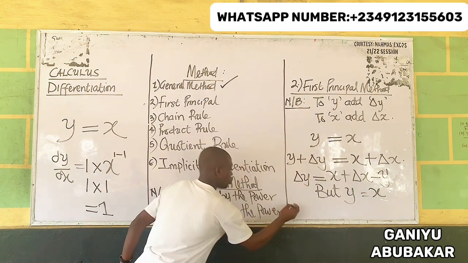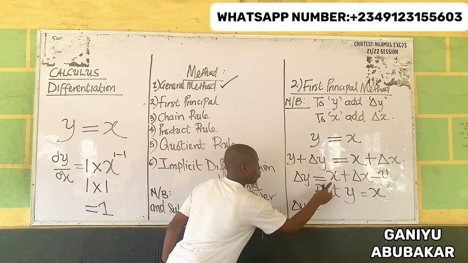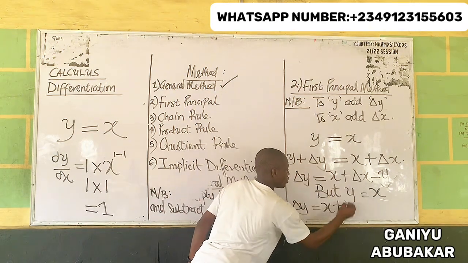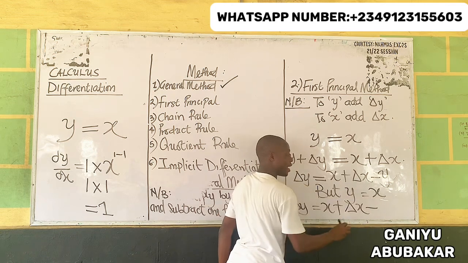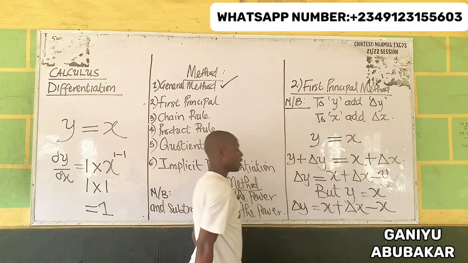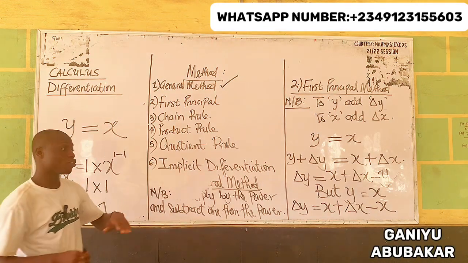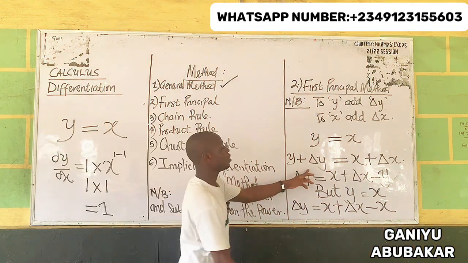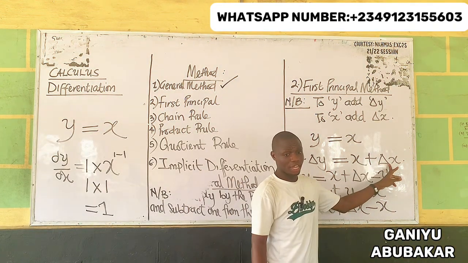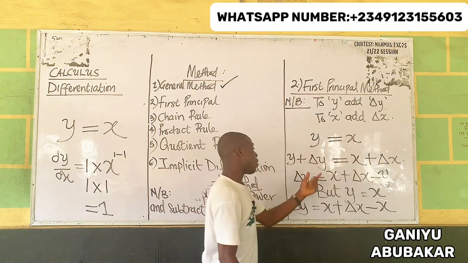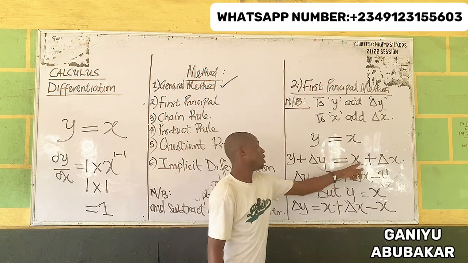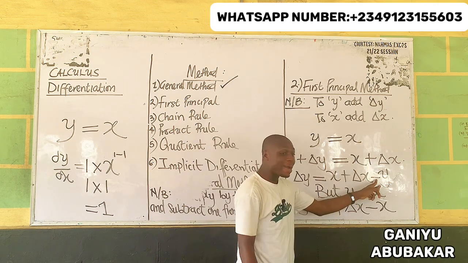So I have that change in y is equal to x plus change in x minus y. Y is x, so I have x here. First task: add change in y to x, add change in x. When you are done, take this y to the other side. I'll have change in y equal to x plus change in x minus y.